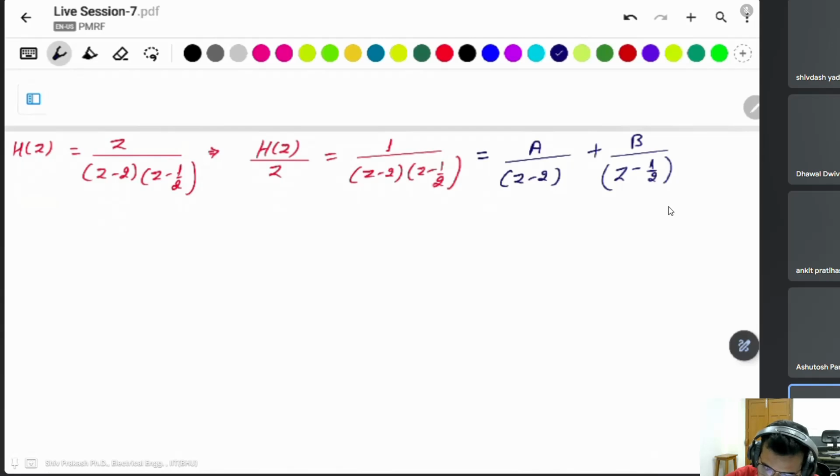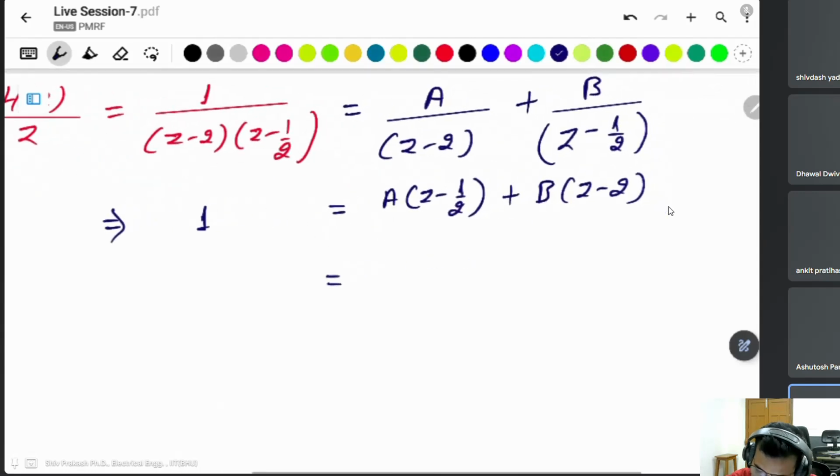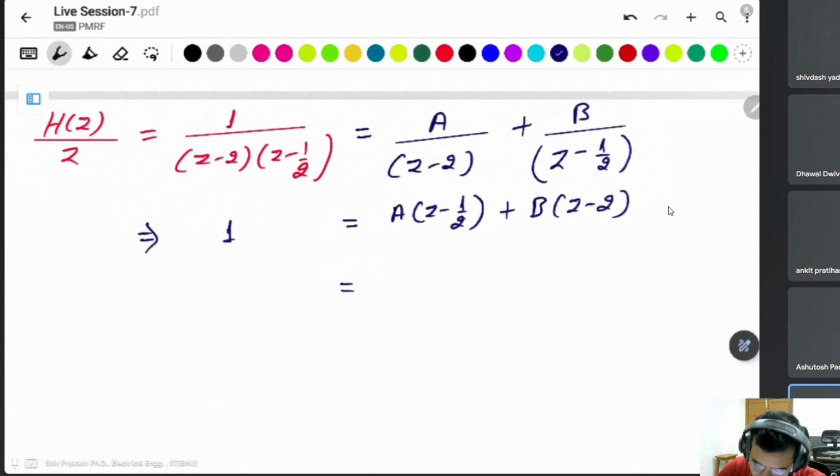With the partial fraction of this system, take LCM. This one is 1, the denominator will be canceled out. If you multiply, a(z minus half) plus b(z minus 2), this is az minus a by 2 plus bz minus 2b.